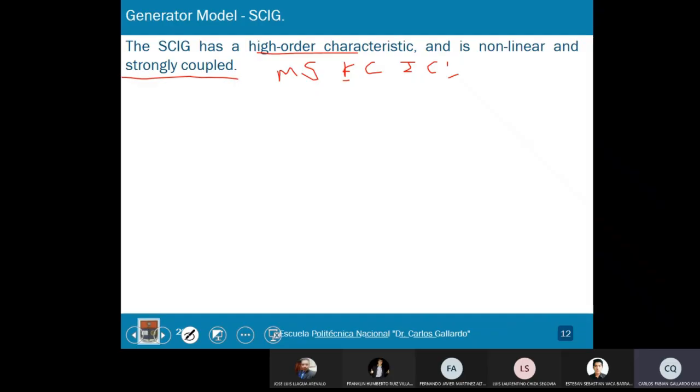Therefore, it's possible to define the generator model by 4 equations, under the DQ synchronously rotating coordinate system.